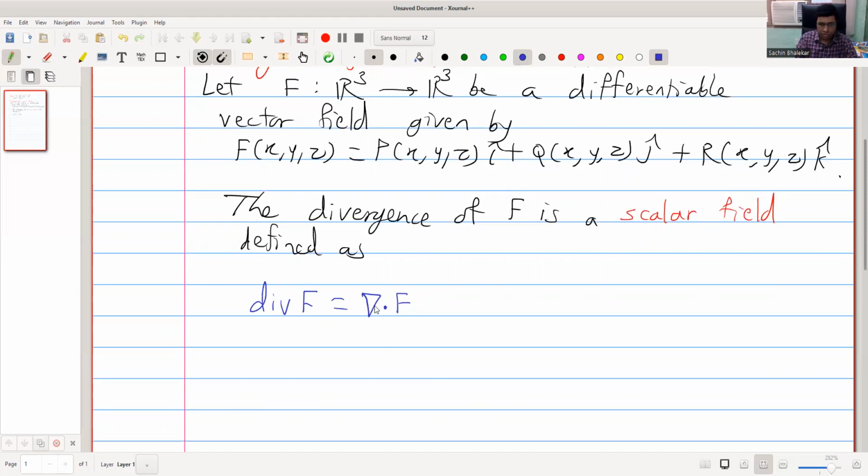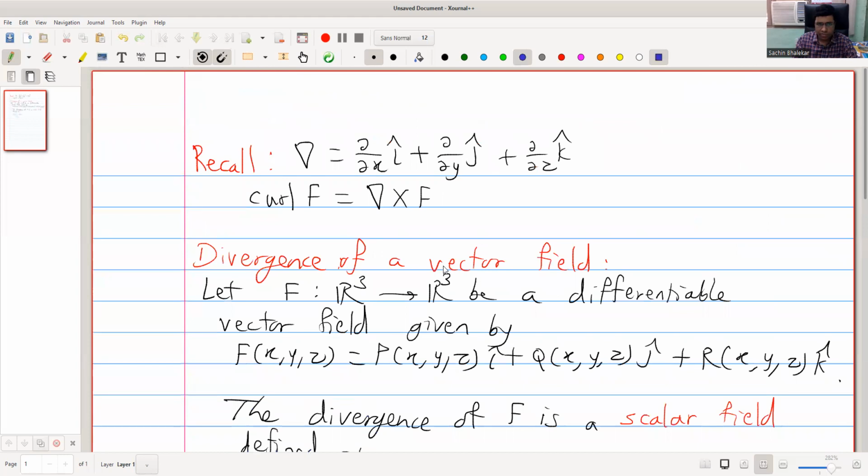Okay, so del contains partial derivatives with respect to x, i hat, j hat, k hat. So we may write this equivalently as components: partial derivative with respect to x, comma with respect to y, and comma with respect to z, as a vector.